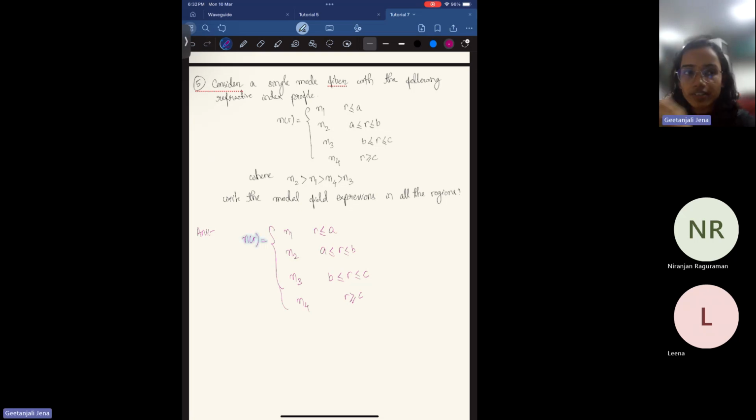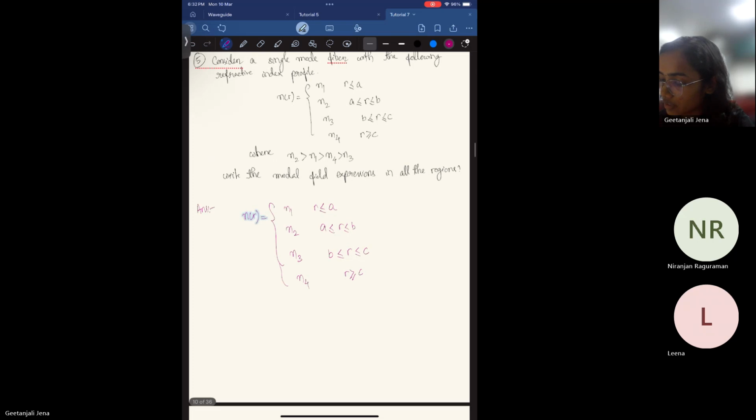It is also given that N2 is greater than N1, which is greater than N4, which is greater than N3. Write the modal field expression in all the regions.